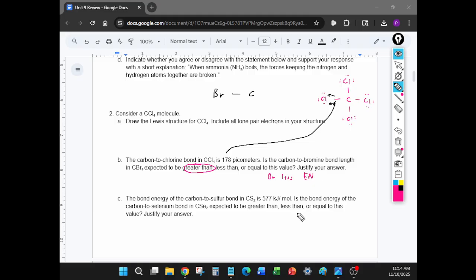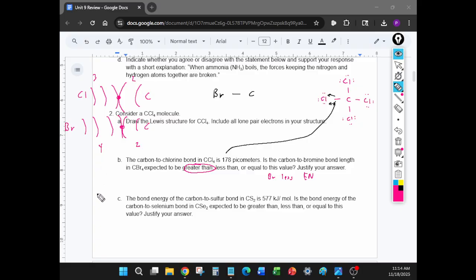Also, another thing you can think about is the number of shells. If you look at chlorine, chlorine has 3 shells, right? So if you drew it, it would be 3 shells, and electrons are shared right here with the carbon, which is in the second shell. But bromine has how many shells? It has 4, versus the chlorine's 3. So they are shared between 2 and 3 here, 2 and 4 here.